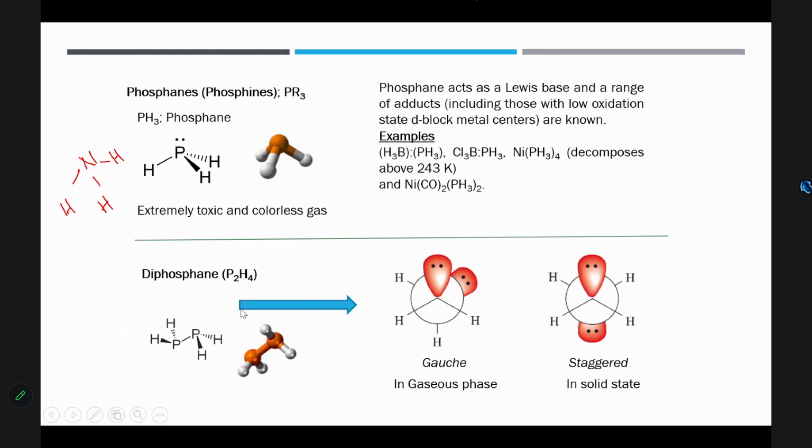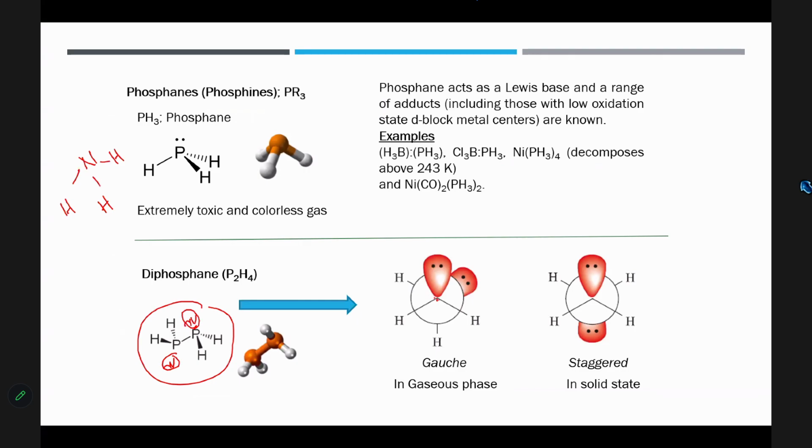This is diphosphine, P2H6. P2H6 is something like ethane, with a staggered structure. Remember, every P has a lone pair because phosphorus belongs to group 15.